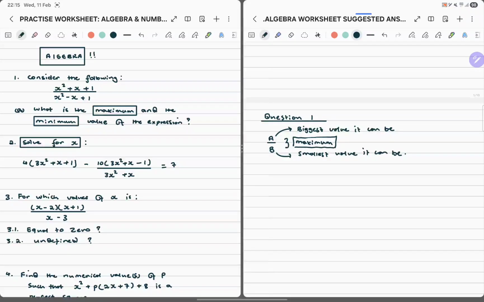So we need to understand these, guys, because if we don't, then we're not going to find any solutions. And of course, with the minimum, the reverse is true. We know that if we've got our a over b, and we are talking about a minimum value, so this means this must be the smallest it can be.